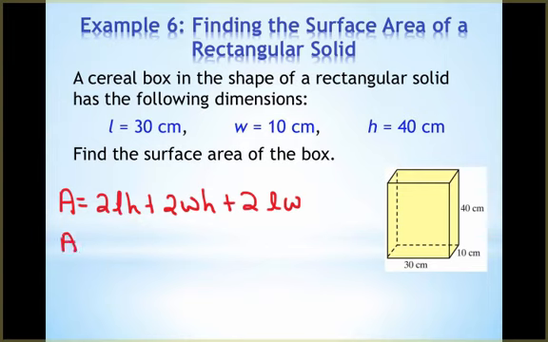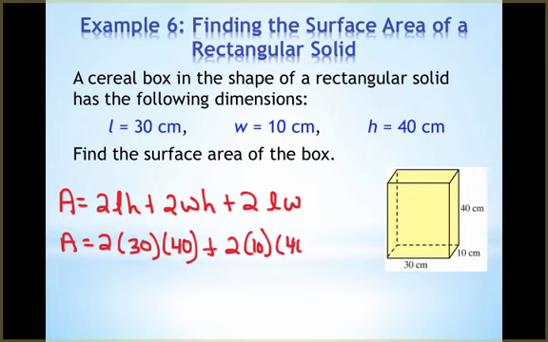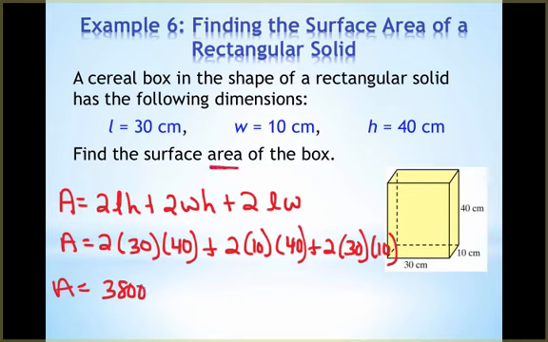So then my area would be 2 times 30 times 40, 2 times 10 times 40, 2 times 30 times 10. And then I can use my calculator. I get 3,800. And since this is an area problem, my units will be square centimeters.